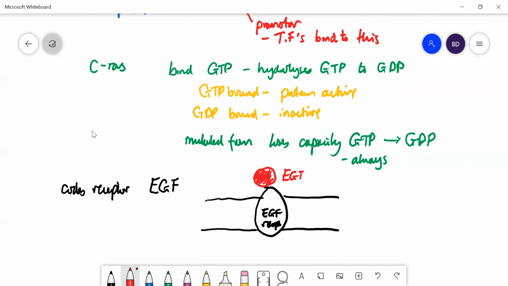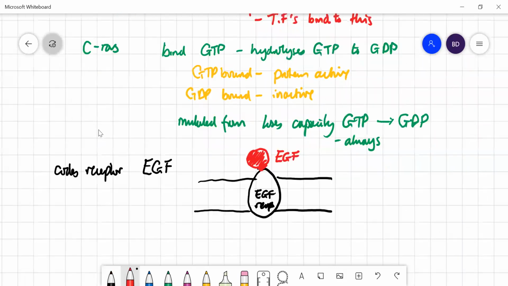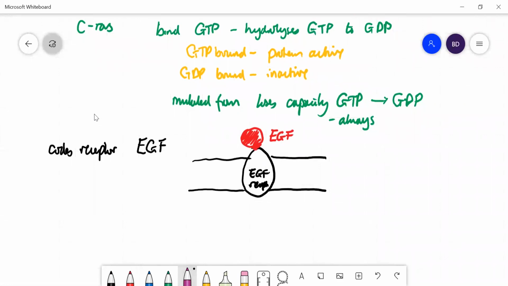It can't pass through the lipid bilayer, so what it does is it binds to the receptor, and at the other end of the receptor you have enzyme activity. And that enzyme activity is only active when EGF is bound. What that does is it causes changes here, and it switches on other genes. It switches on genes involved in proliferation, in cell division.